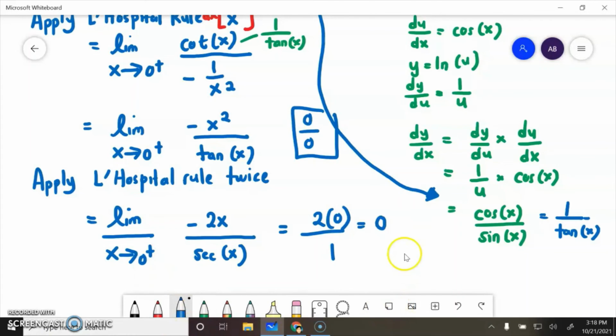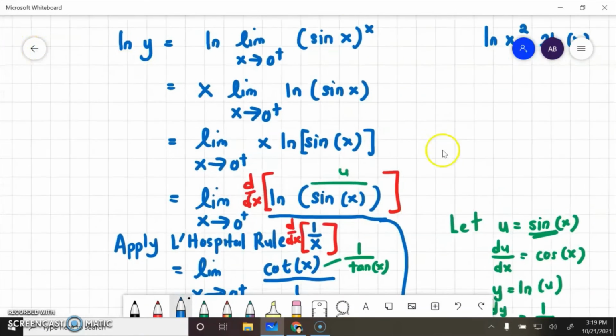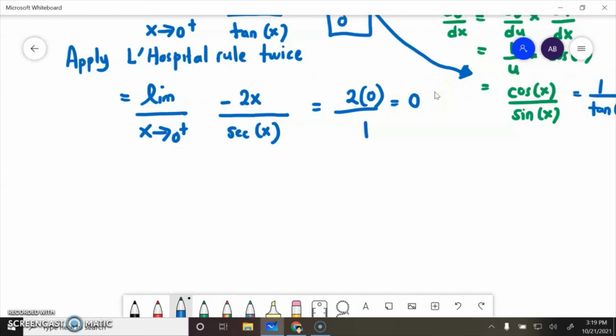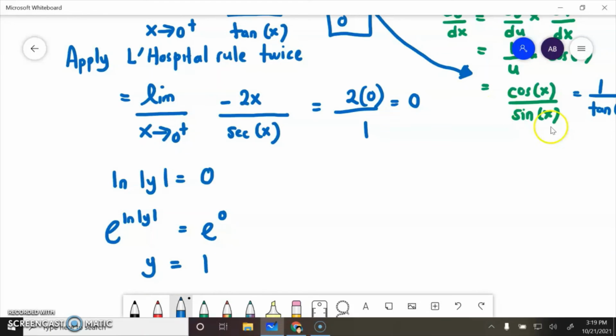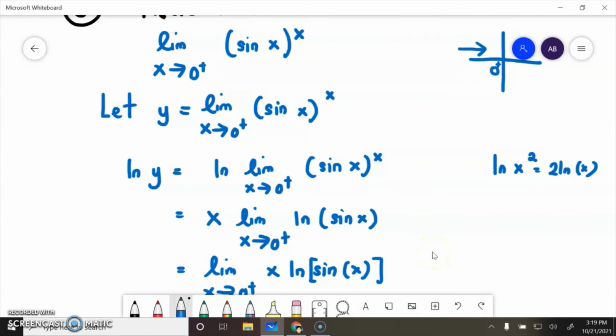So what is this? This is my ln y. ln y equals 0, similar to what we obtained earlier. Take the exponent of 0, so y equals 1. And we did say let y be the original expression.